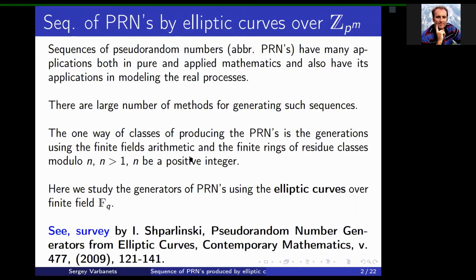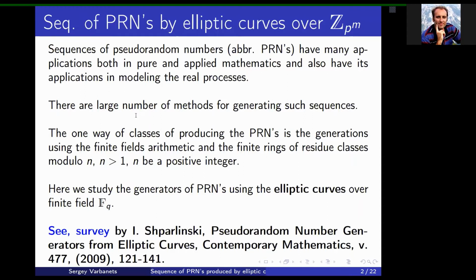There are a large number of methods for generating such sequences, and one class of methods for producing pseudorandom numbers uses finite field arithmetic and finite rings of residue classes modulo a positive integer n.